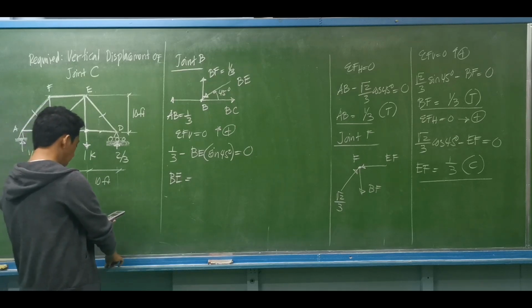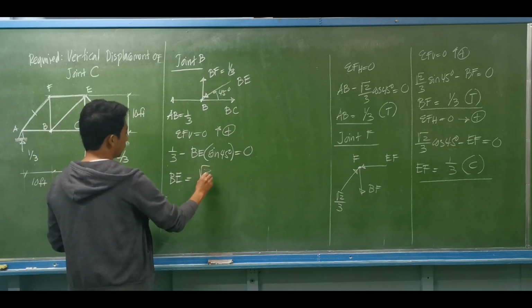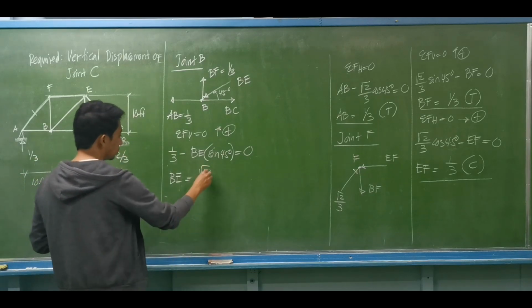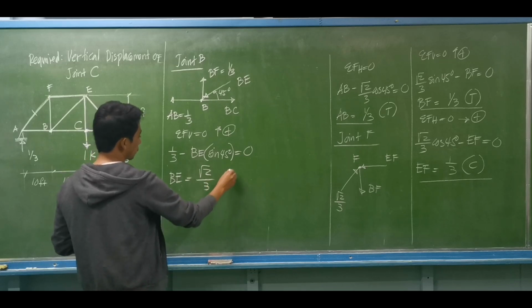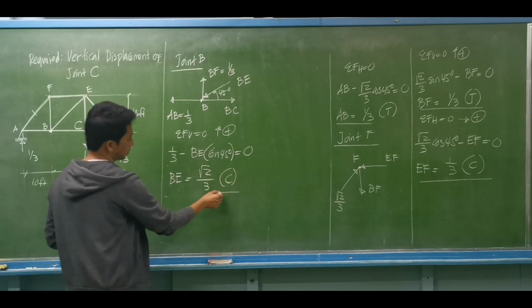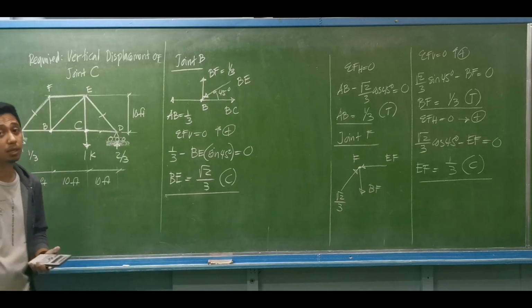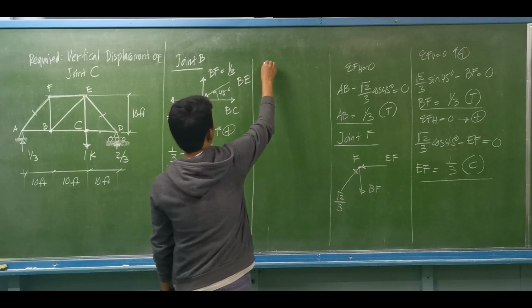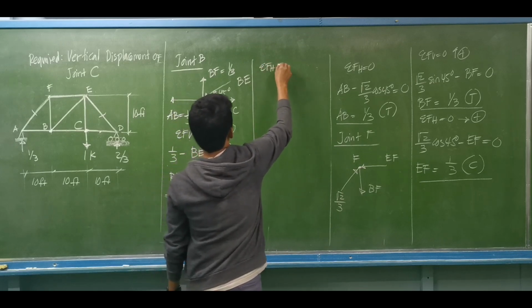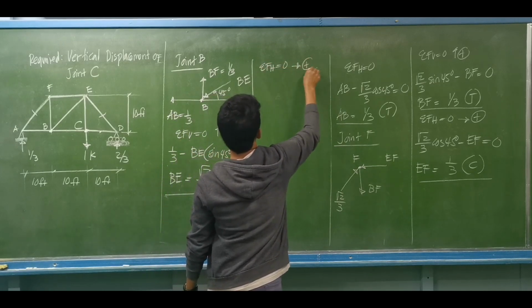So this is the same as the square root of 2. We have square root of 2 over 3. So this is under compression. Okay, remember BE. Then for BC, let's have it by summation of forces, horizontal equal to 0, to the right forces to be positive.